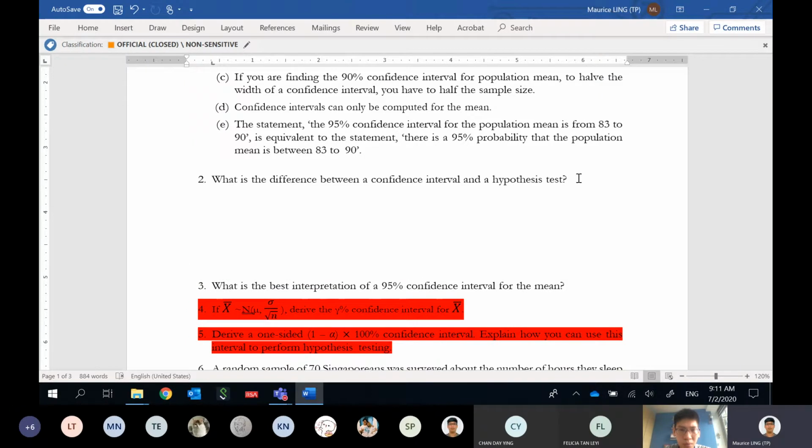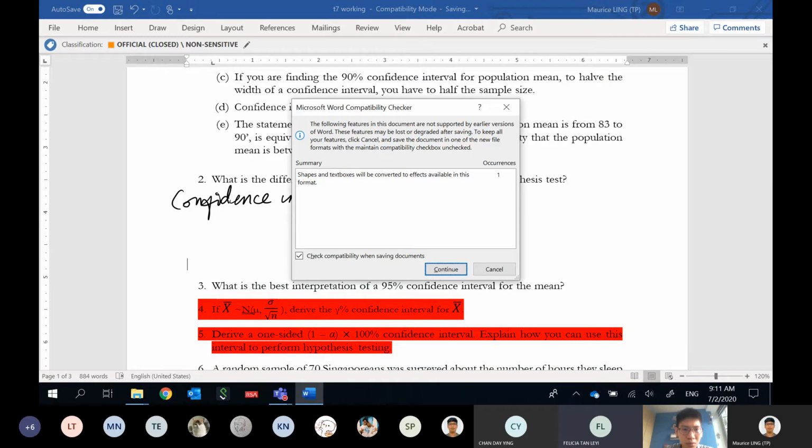What is the difference between confidence interval and hypothesis testing? Felicia? Confidence intervals use data from the sample to estimate a population parameter, whereas a hypothesis test uses data from a sample to test a specified hypothesis.